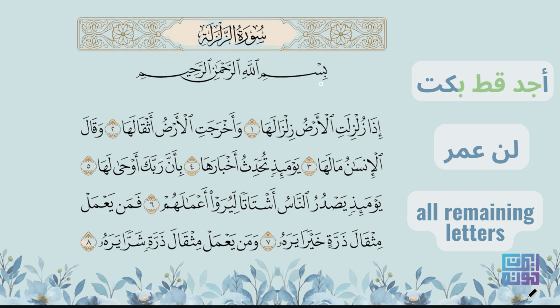The ba is a sukoon letter. So which group does it belong to? This is group number 1, this is group number 2, and this is group number 3. This is shidda, it is hard. This is in between. And this is soft. So let us point out one by one.